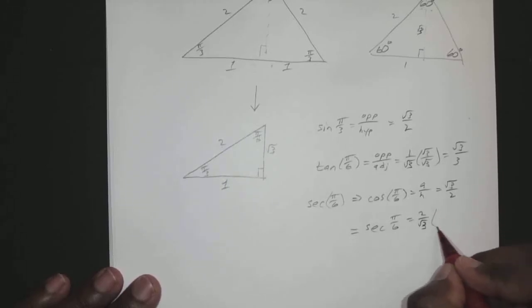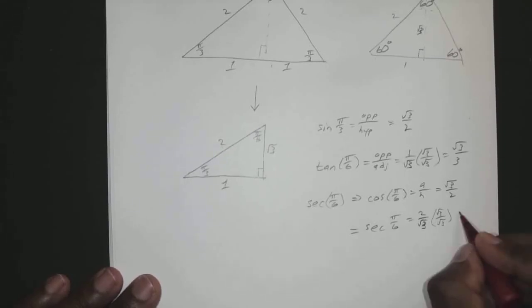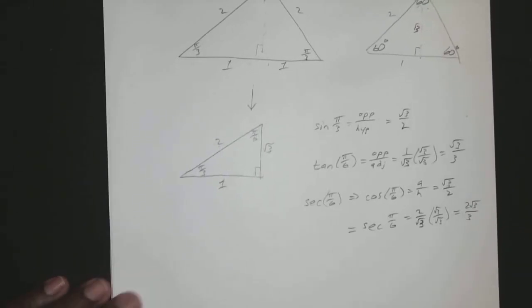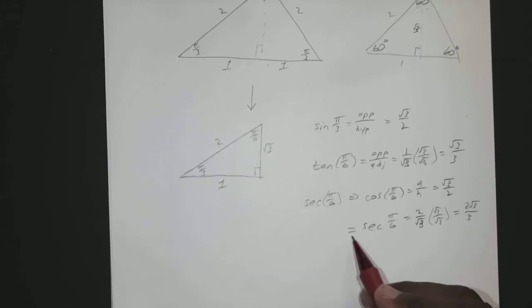Which, if we rationalize the denominator, is 2 square root of 3 over 3. Okay. So if you can draw that triangle, you don't have to remember that entire list. You don't have to do the square root of 4 over 2, square root of 3 over 2. You don't have to do all of that. You can just go right to this triangle, at least for your pi over 3 and pi over 6.